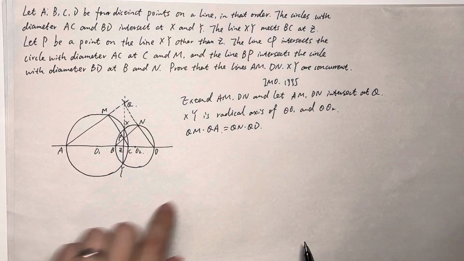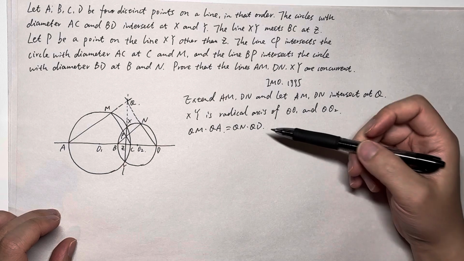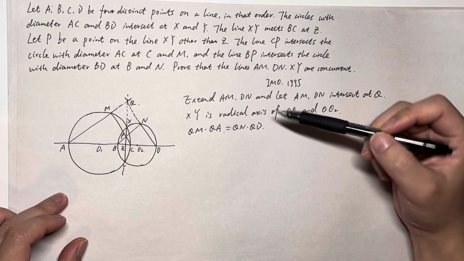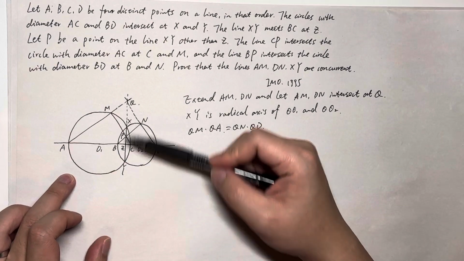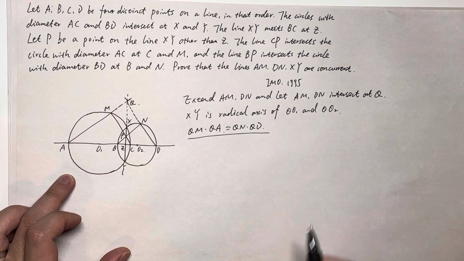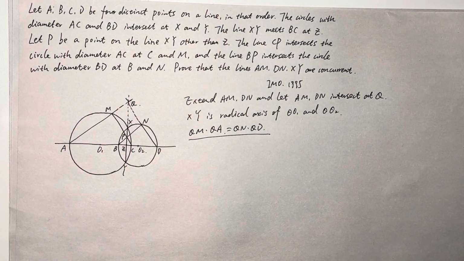We just need to prove these two powers are equal. I hope you are following me, that we actually transform the problem from proving that three lines are concurrent to this writable equation, right? We just formulate it. It is important that we have something we can measure, right?